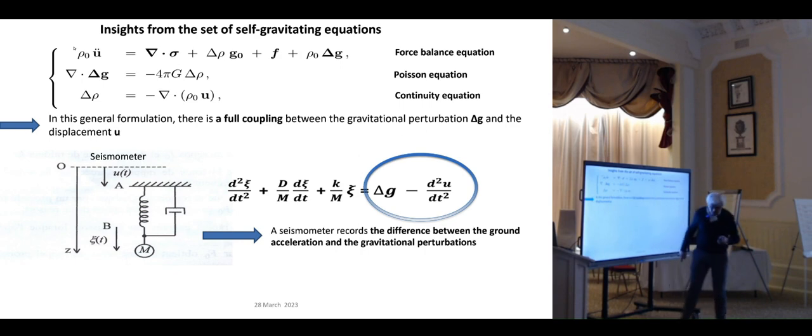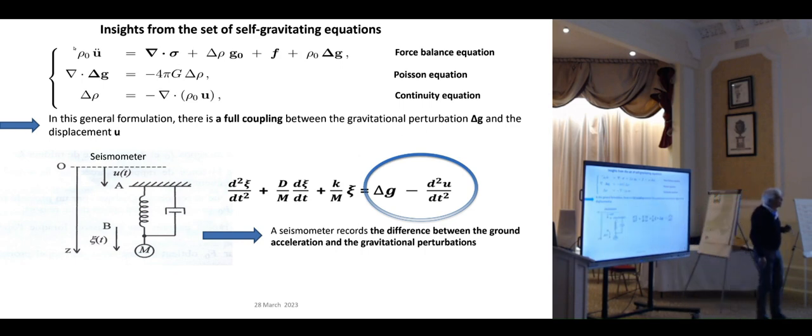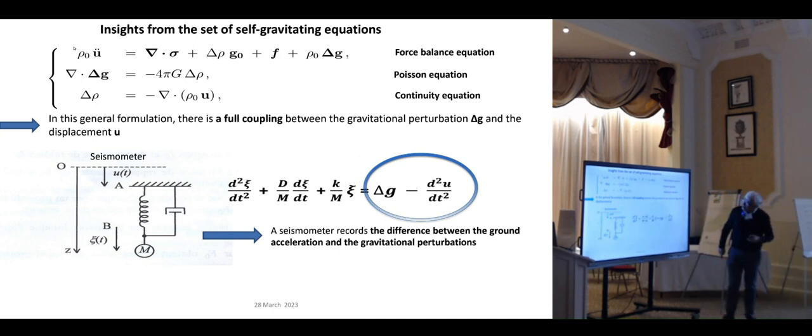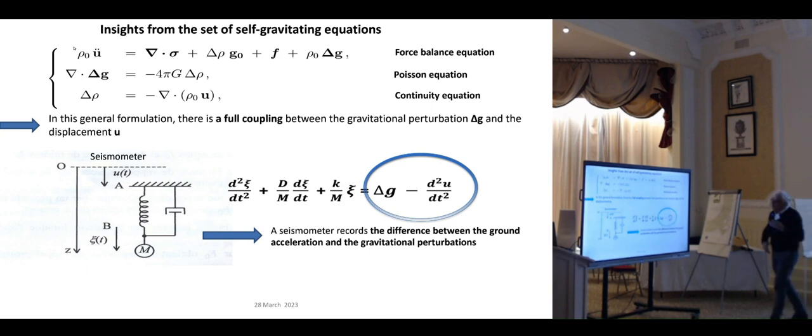If we look in detail at the response of a seismometer, we have this second order partial derivative equation, and we have this term which shows that effectively we measure the difference between the ground acceleration and the gravitational perturbation. So we had to understand why we observe a signal, because most of the signals should be cancelled.